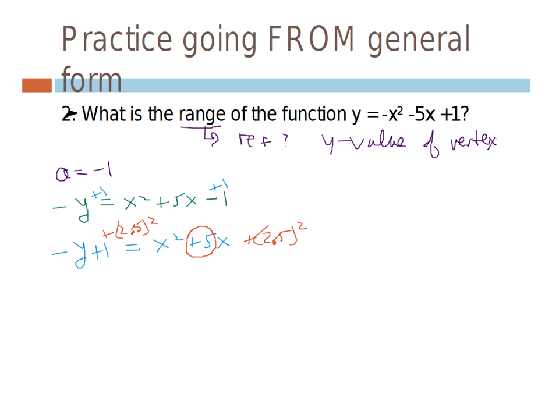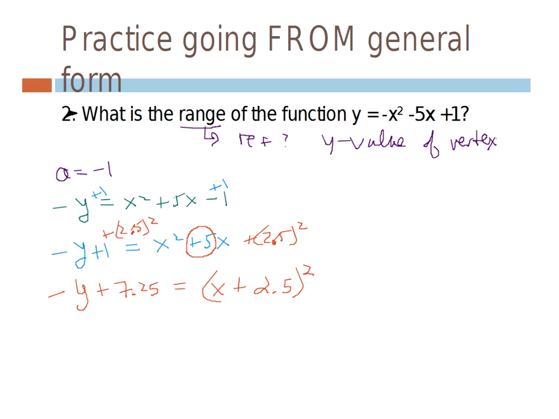And so 2.5 squared is 6.25, and so I'll have minus y plus 6.25 plus 1 is 7.25. And here, the right-hand side is a perfect square. It is x plus 2.5 all squared.